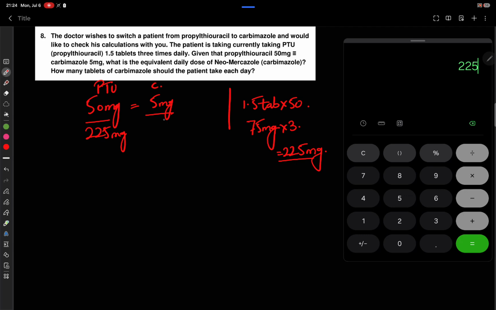We have to find what the dosage for carbimazole will be. Cross multiplication: 50x is equal to 5 into 225. X is equal to 5 into 225 divided by 50.